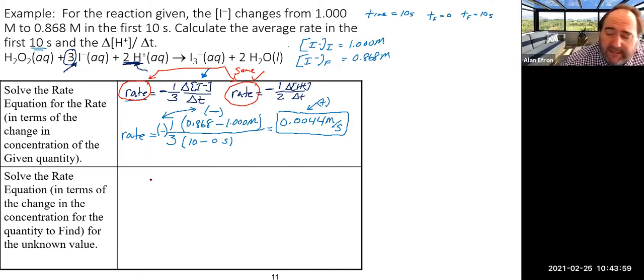So focusing in on our H plus concentration, or what we're looking for, again, our rate is equal to -1/2 the change in the concentration of H plus over the change in time. Ultimately here, what we are trying to find is this part right here. We're ultimately trying to find what is the change in the concentration of H plus over the change in time.